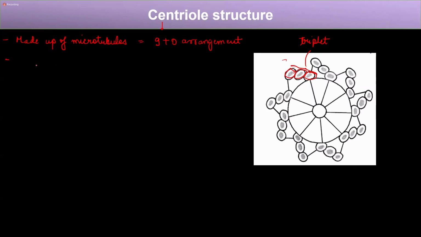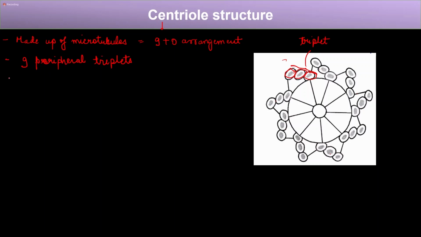So it comprises peripheral triplets. Now, how many peripheral triplets are there? If you count 1, 2, 3, 4, 5, 6, 7, 8, 9. So the centriole has 9 peripheral triplets.